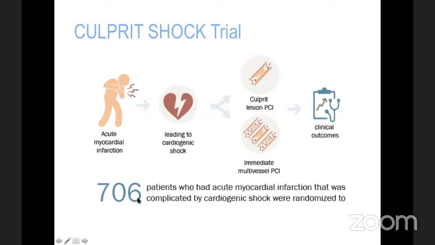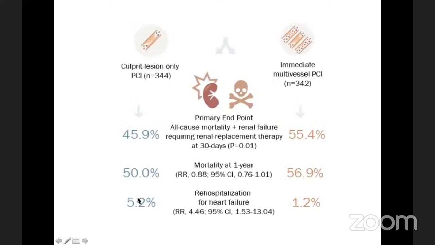Around 700 patients. They found all-cause mortality was significantly lower in patients who underwent PCI only for the culprit lesion, and later on, before discharge, they fixed the other vessels.